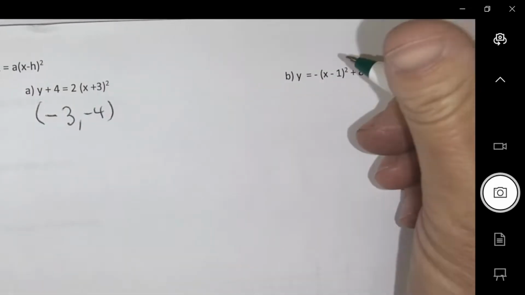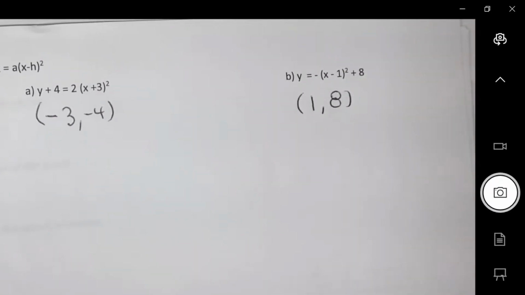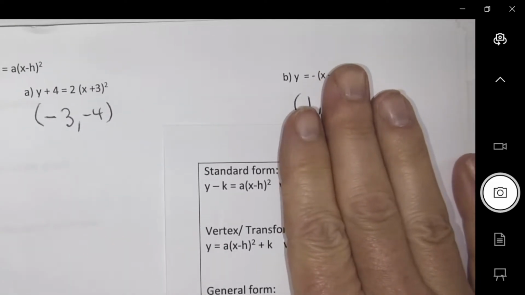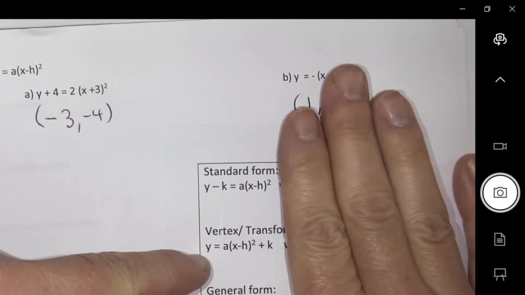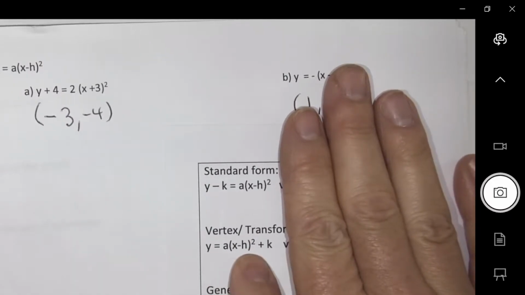So this is 1, 8. On your test, you're just going to get this equation and this equation. So that's your hint: negative means opposite, plus means the same.